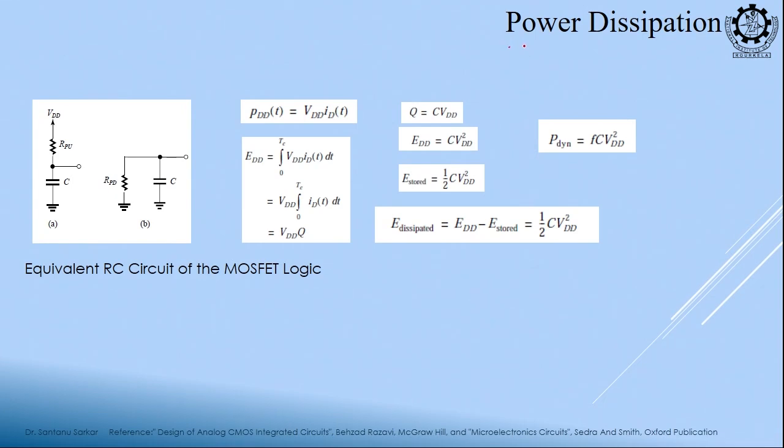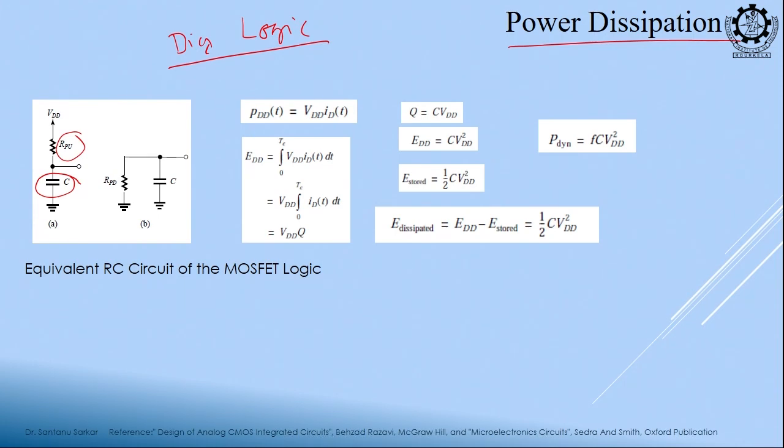So, we can do a calculation for power dissipation. So, the digital logic, we can approximate it as its equivalent resistance and equivalent capacitance to calculate the power dissipation, right. So, what is power dissipation?